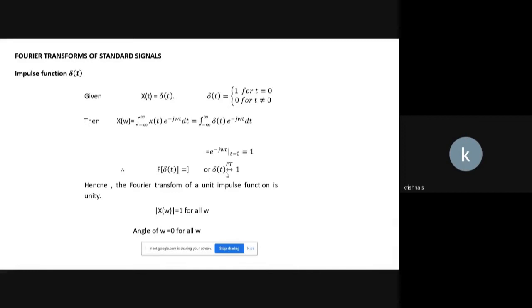For any frequency response, we have two parameters: one is magnitude, another one is phase, whenever we transform a signal from the time domain to the frequency domain. The best example is the amplitude modulation signal, the AM signal. In the frequency domain there are two spectral components, at omega equal to omega c and at omega equal to minus omega c.